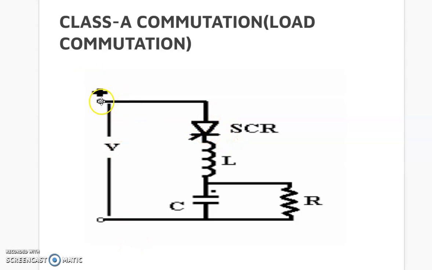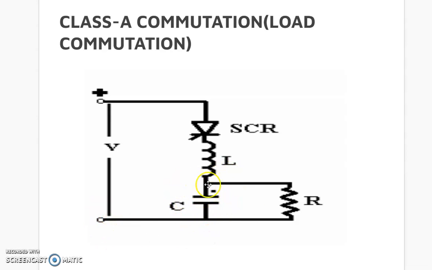The current flows from the positive end through the SCR and the inductor, and charges the capacitor, and via the capacitor it flows to the negative end. The SCR will conduct once the gate pulse is given, and the current will flow from the positive end to the SCR to L and charge C to the negative end.